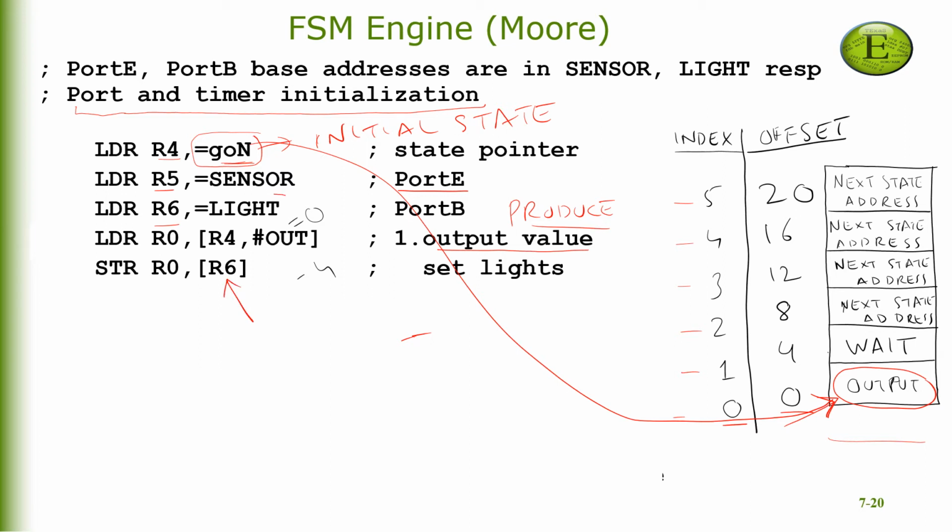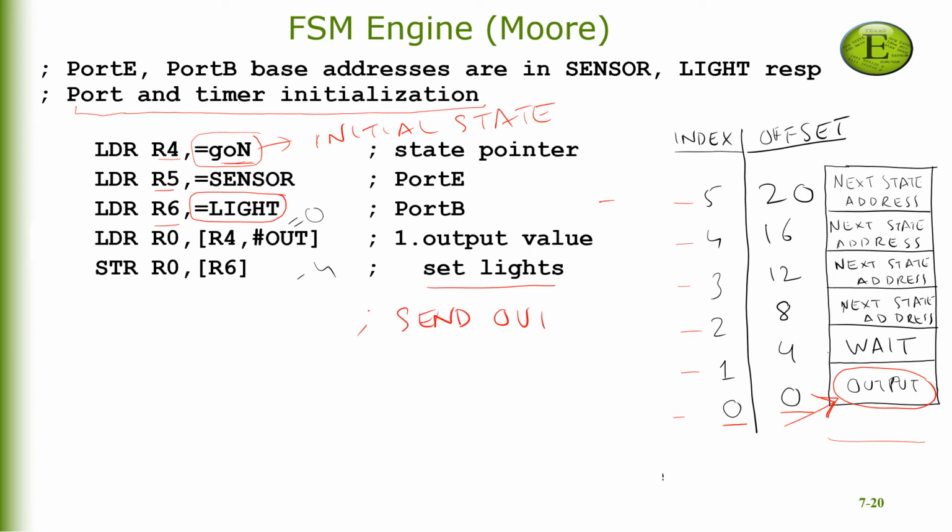And R6 contains the address of light, that is port B. So we are going to send the output to port B. So alternatively, you can say that send the output of GoN to port B. Or you can just say output value set lights.